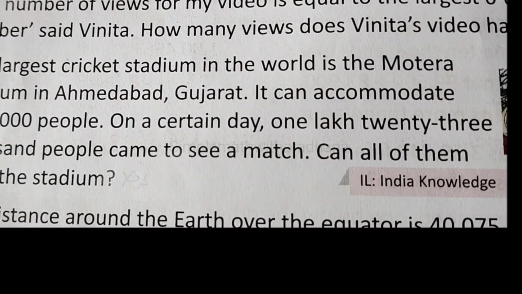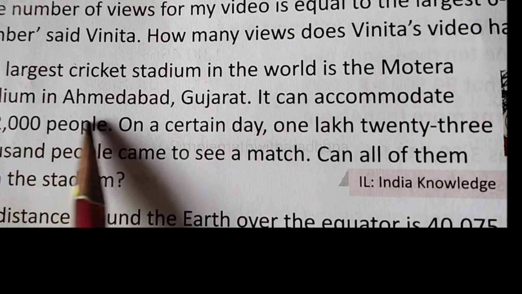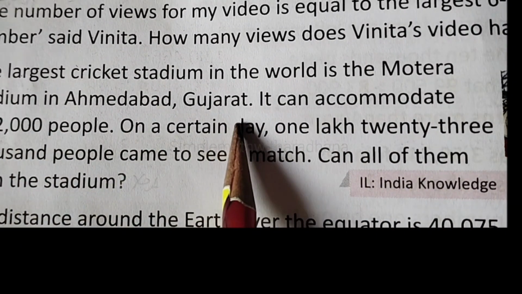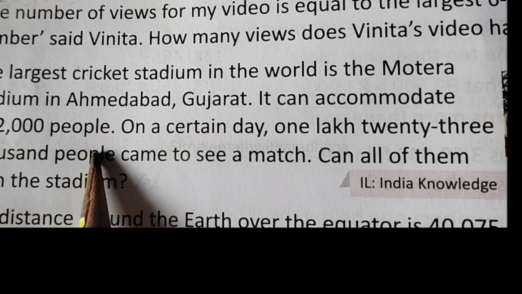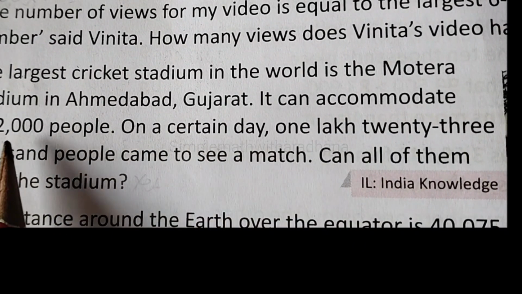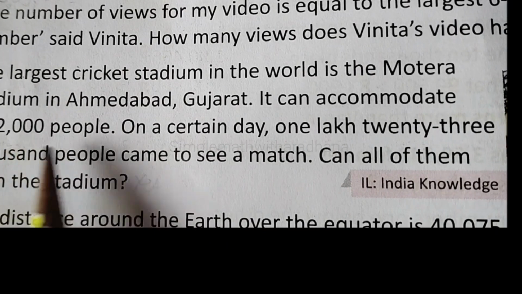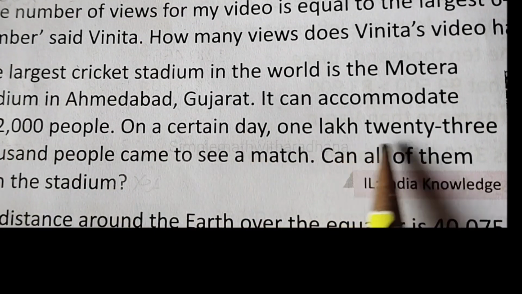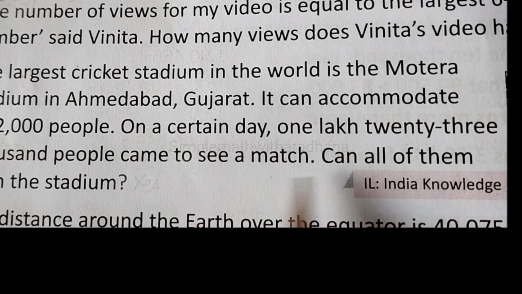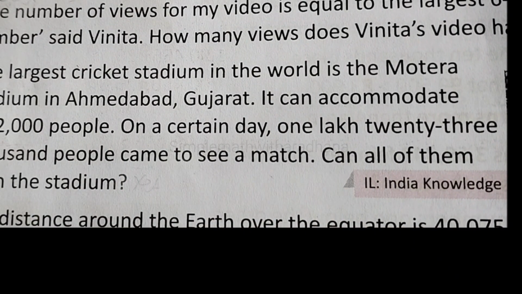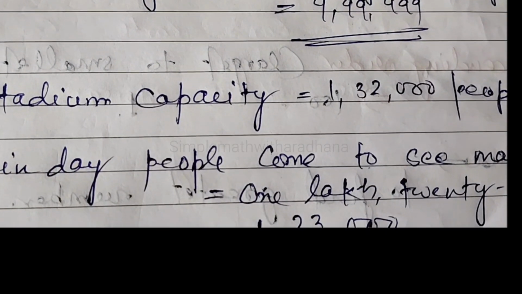Question number 4. The largest cricket stadium in the world is Motera Stadium in Ahmedabad, Gujarat. It can accommodate 1,32,000 people. They have space for only 1,32,000. On a certain day, 1,23,000 people come to see a match. Can all of them sit in the stadium? Yes. How will we solve?